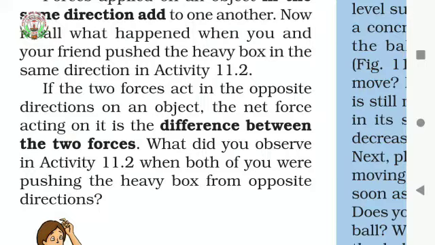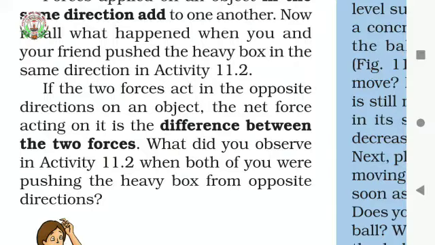We have seen in activity 11.2, when both of you were pushing the heavy box from the same direction, in that case, the box moves. But what happened when you and your friend push the box from either side?